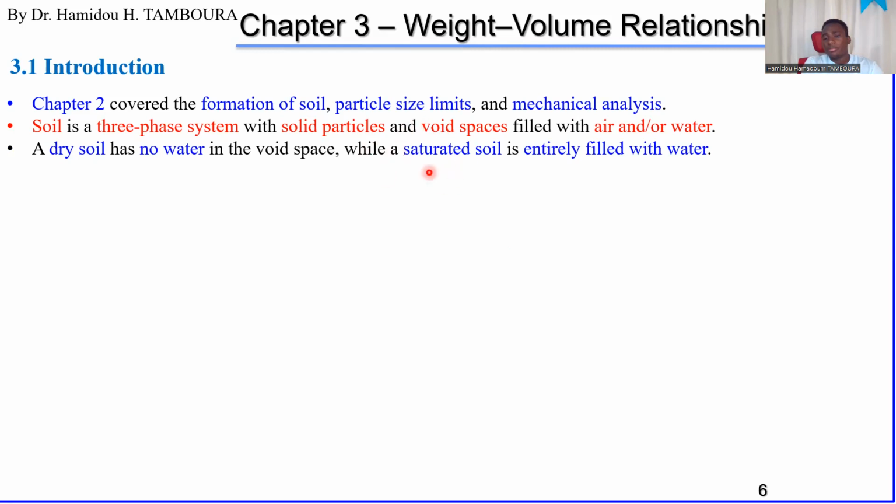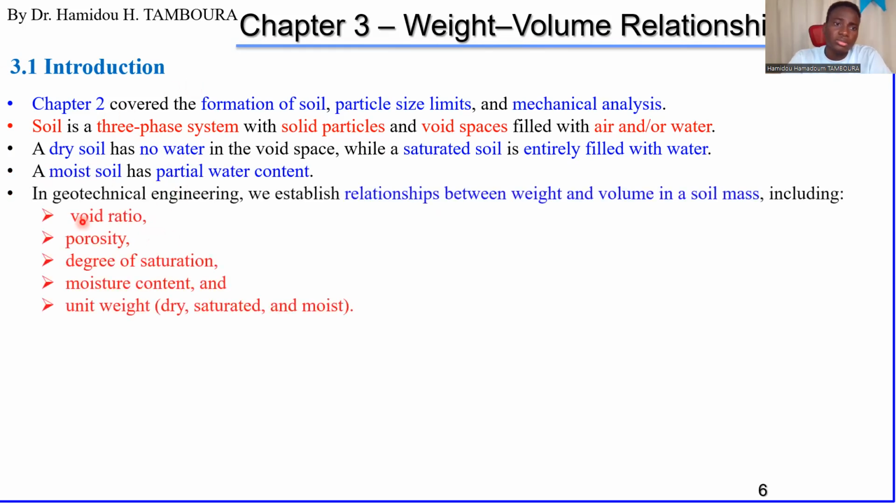But if the soil is saturated with water, the voids will be filled with water. If you have a moist soil, it means the soil is partially saturated, the voids in the soil are not completely filled with water. In that case, we talk about moist soil.